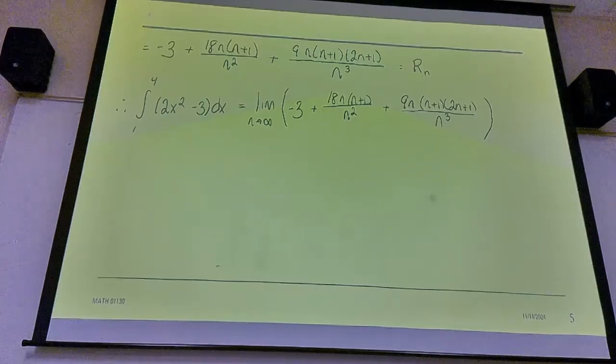Our integral is the limit of the Riemann sum. It's the limit of the first term.